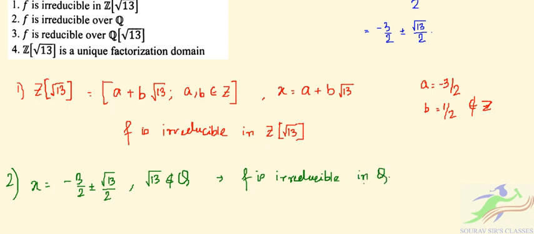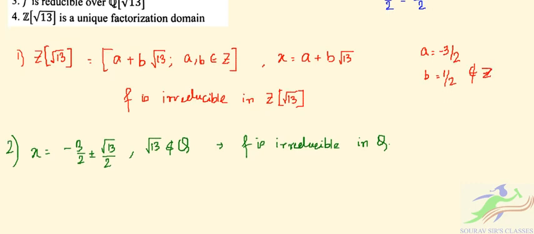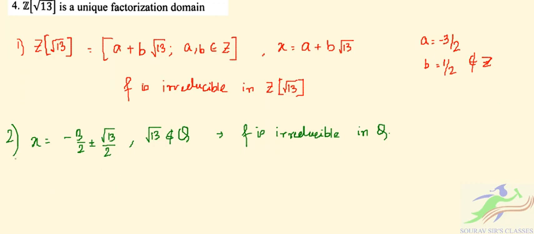Right. Now option 3, f is reducible over Q of root 13. Okay, let's check with option 3.